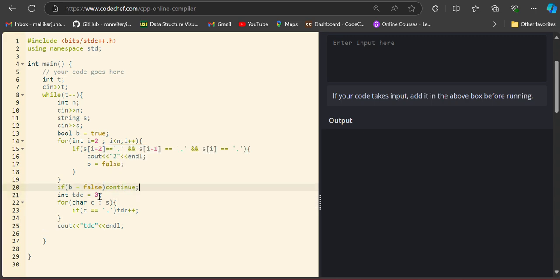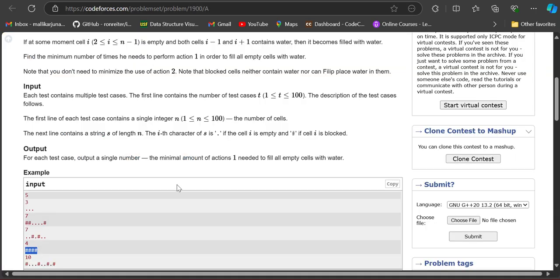So like this total part after the b is equal to false condition is true, so it won't execute because I'm using continue, right? So then, otherwise, if it is not printed, then you have to find total characters and print them. If they are not, I think it can handle the other two test cases.